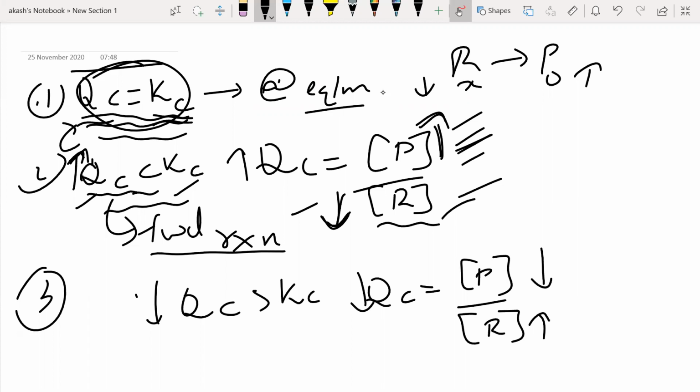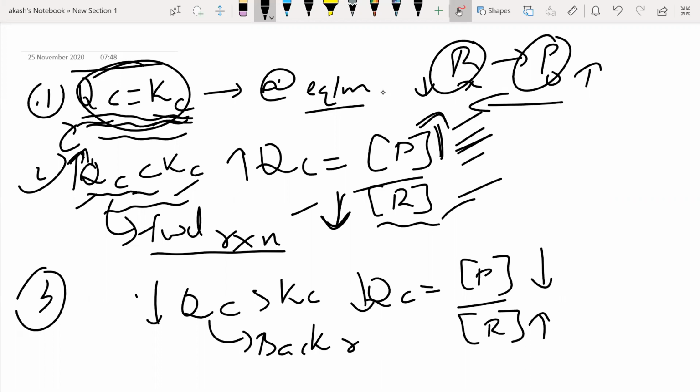That means the product concentration has to decrease and the reactant concentration has to increase, and that is possible only if I have the backward reaction. That means the products are getting consumed and more reactants are getting formed. So when I have QC greater than Kc, you can predict that the reaction is going to move in the backward direction.